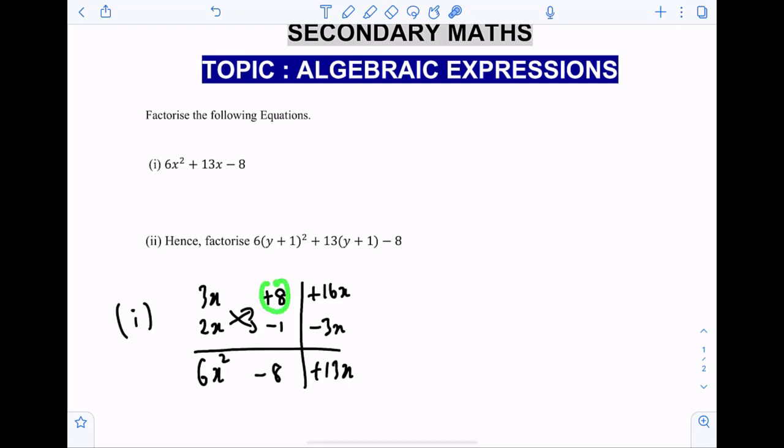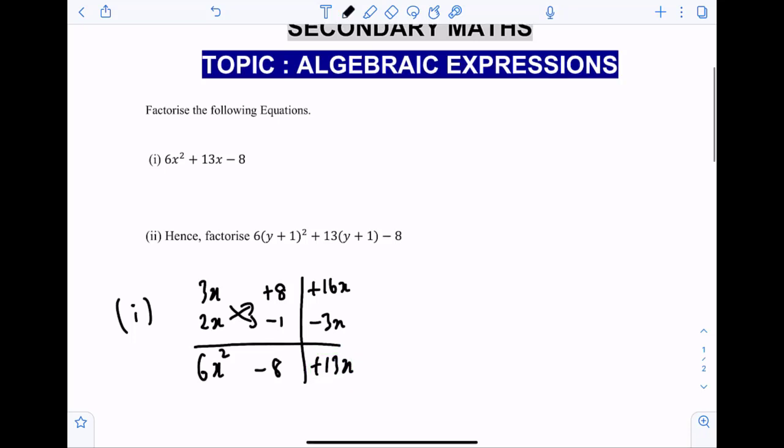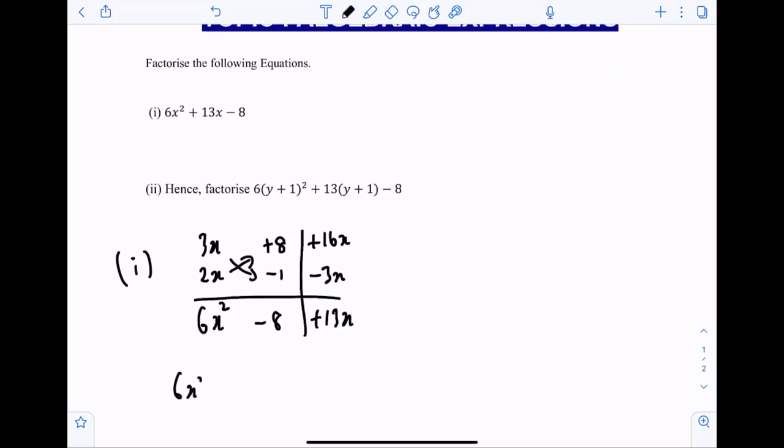Of course, you may need to try out a few times, like maybe with negative 1 here, positive 8 here, and see if you're able to get that combination. Okay, so the factorized form of 6x squared plus 13x minus 8 will be equal to (3x plus 8)(2x minus 1). Final answer for part 1.